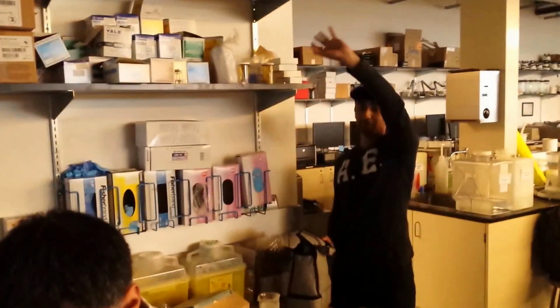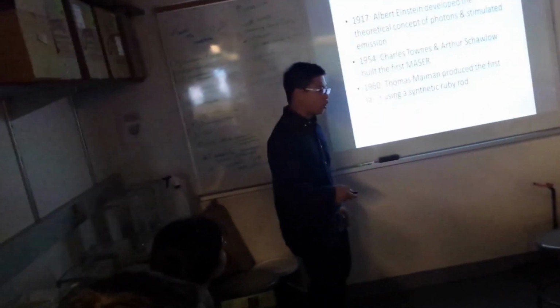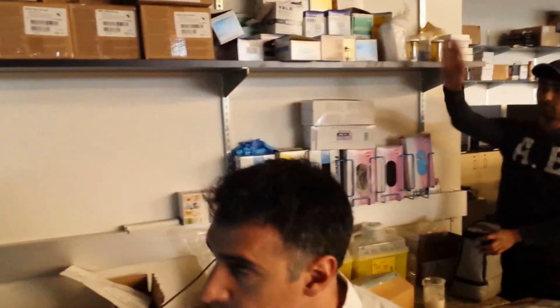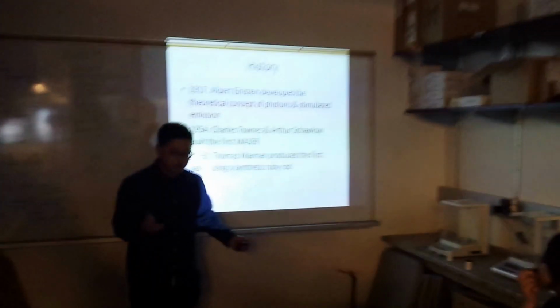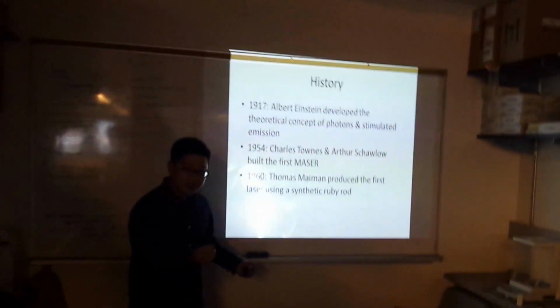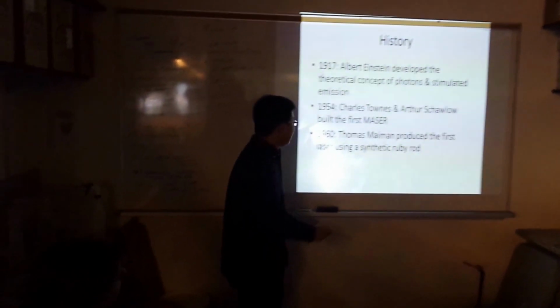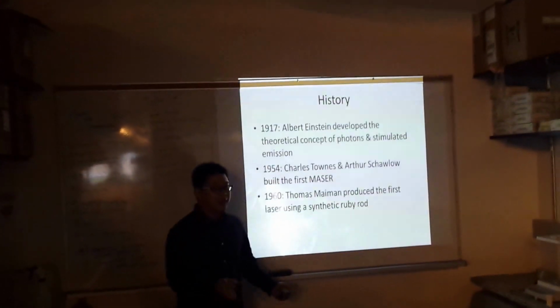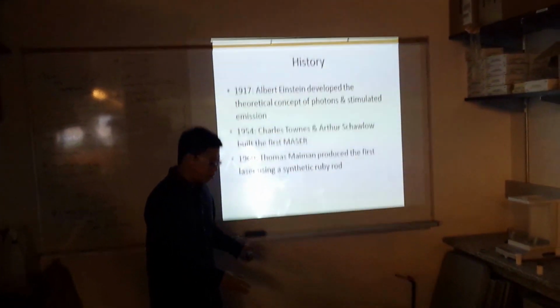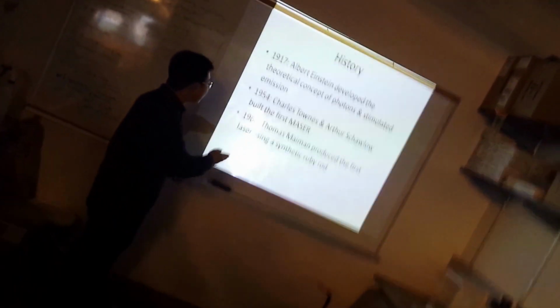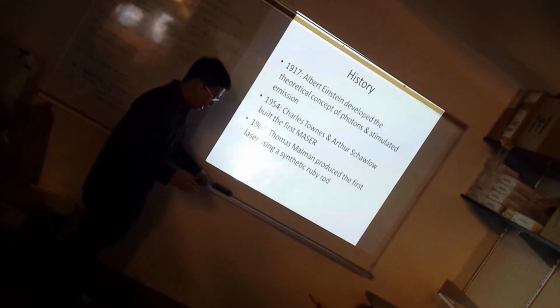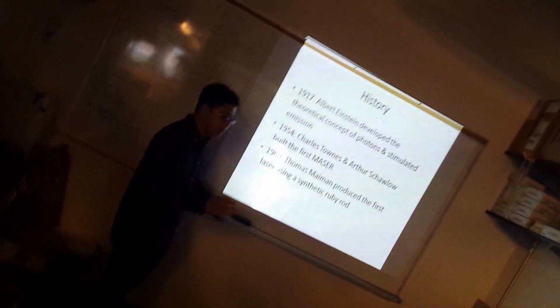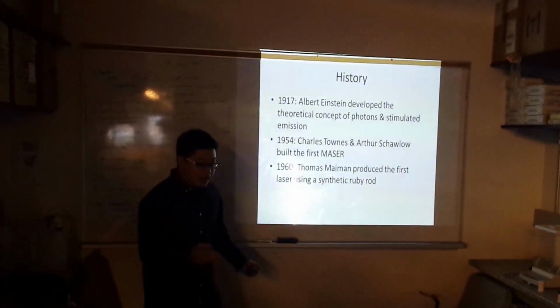So, a little bit of history of laser. In 1917, Albert Einstein laid the foundation for laser by proposing this stimulated emission theory here. Then in the 1950s, there were scientists at Bell Laboratory working on laser. Charles Townes and Arthur Schawlow worked together to build the first laser, but it's called a maser.